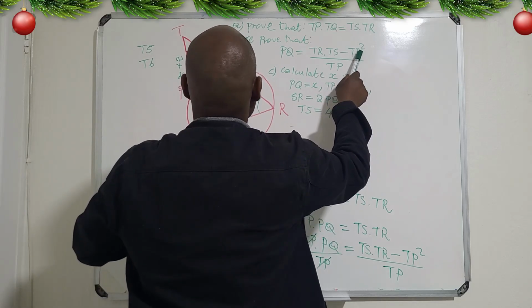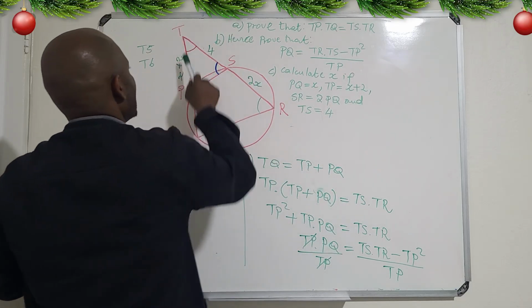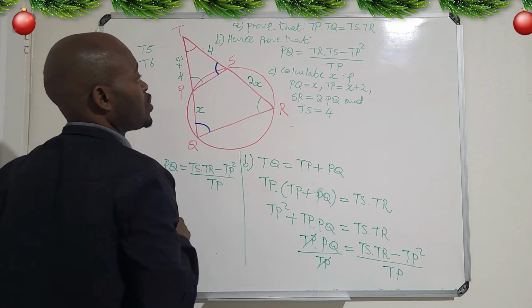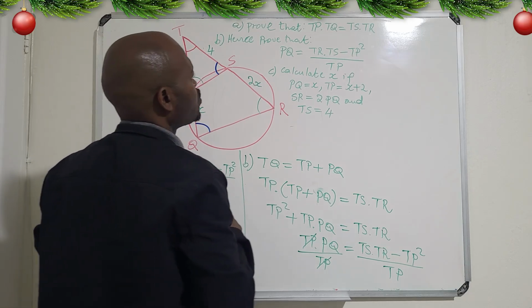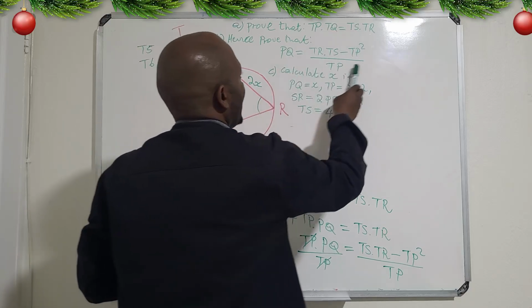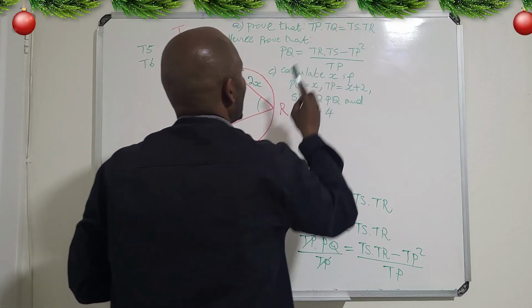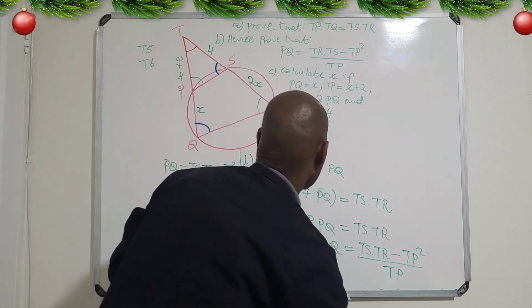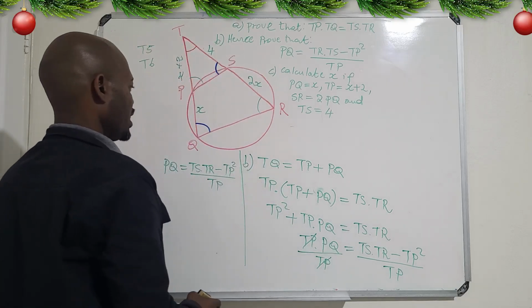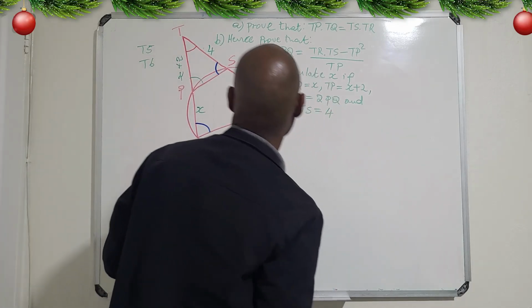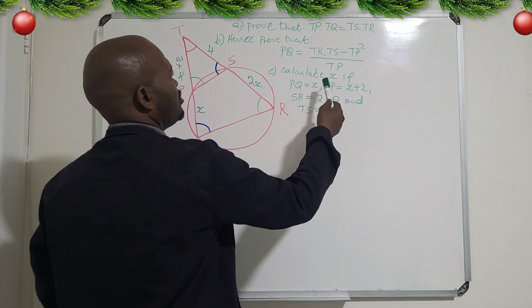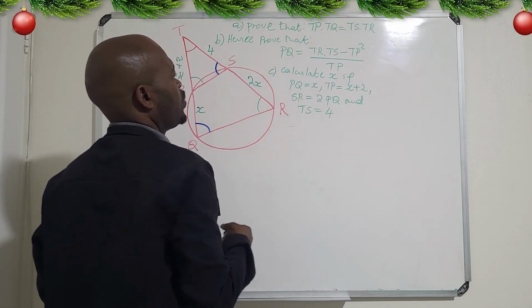We do have TP, which is X plus 2. The only thing that we don't have here is TR. And we can find TR. Now when I'm doing C, I can remove this part here.